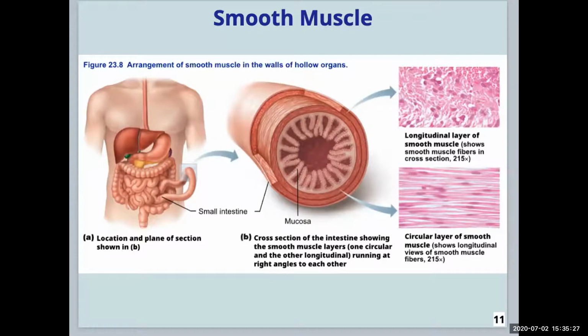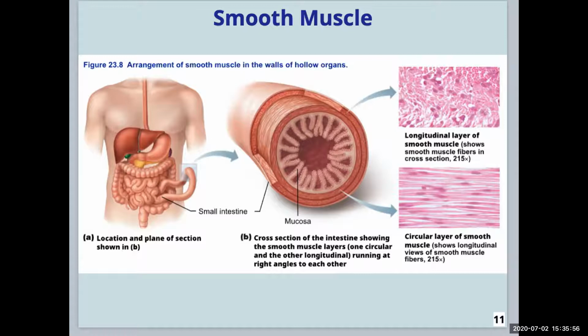Recall from the muscle chapter that your smooth muscles contract more slowly than the skeletal muscles. And that is useful because in order for you to digest and break down foodstuff effectively, you need to be able to contract over a longer, more extended period of time.